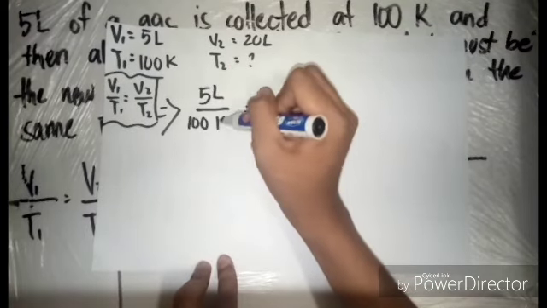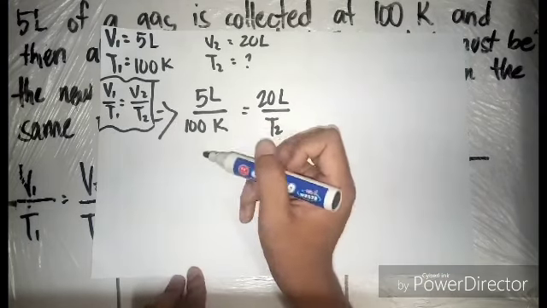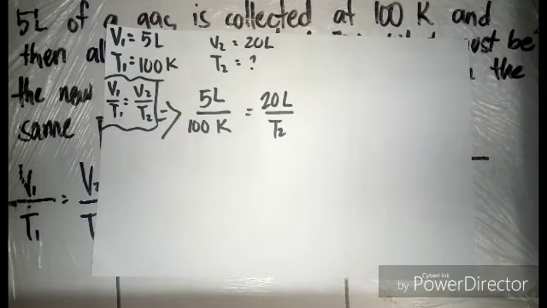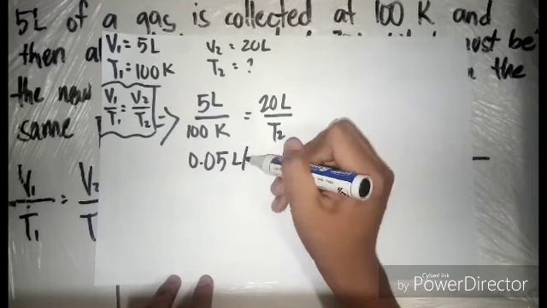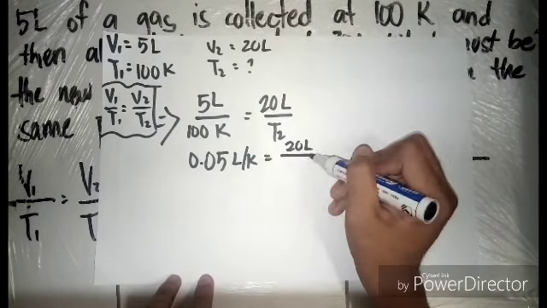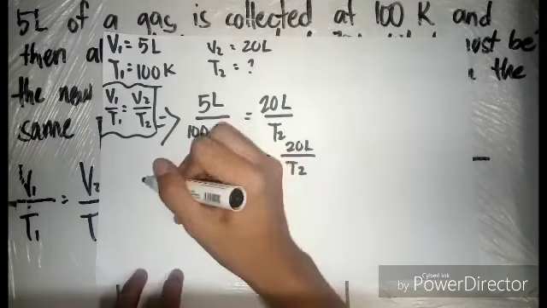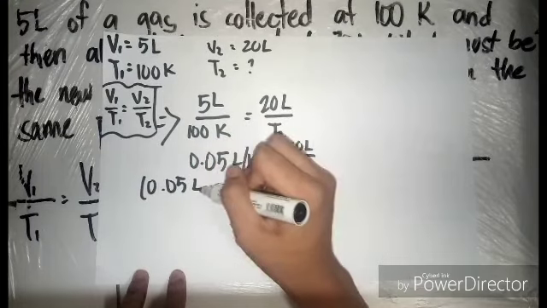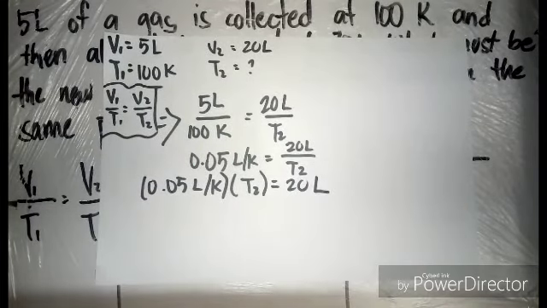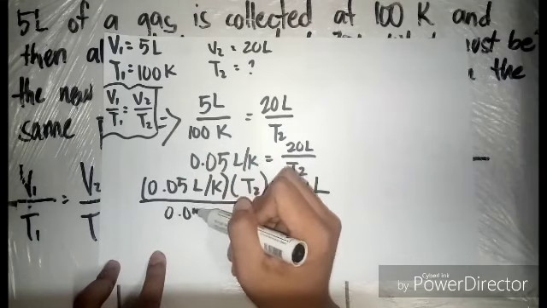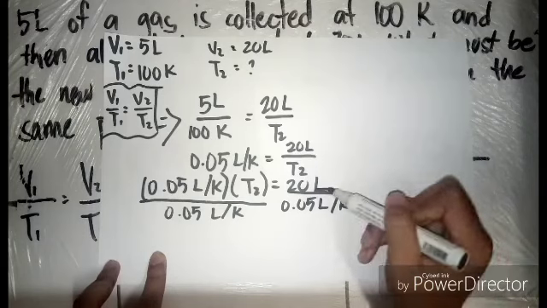Now 5 liters divided by 100 Kelvin equals 20 liters divided by the second temperature. Now 5 divided by 100 is 0.05 liter per Kelvin equals 20 liters divided by the second temperature. Now doing the cross multiplication and dividing it by 0.05 liter per Kelvin, so we should cancel.